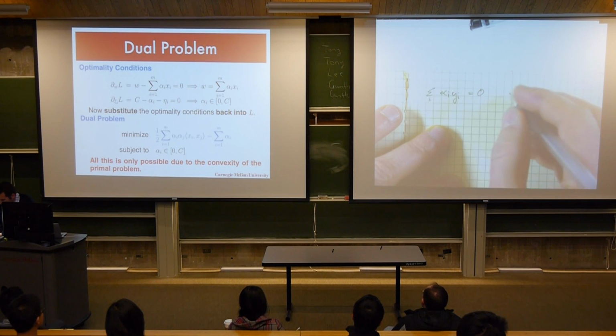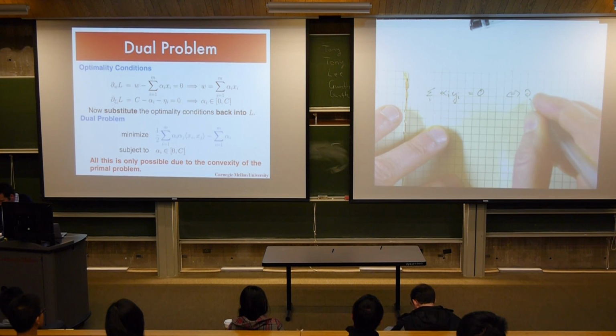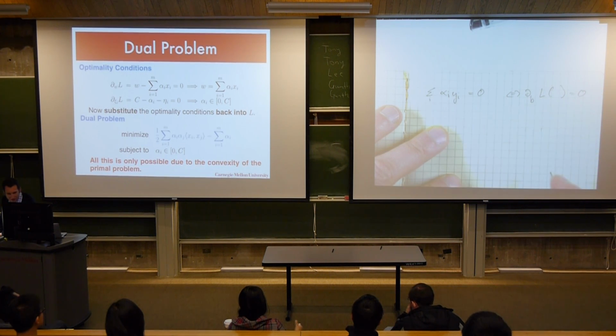This constraint came from the fact that the derivative with regard to b of the Lagrange function had to vanish. That's where this guy came from. Now, since we don't have b, we don't get that constraint.